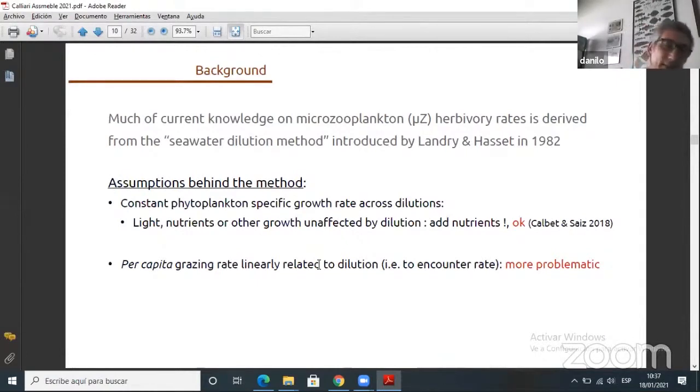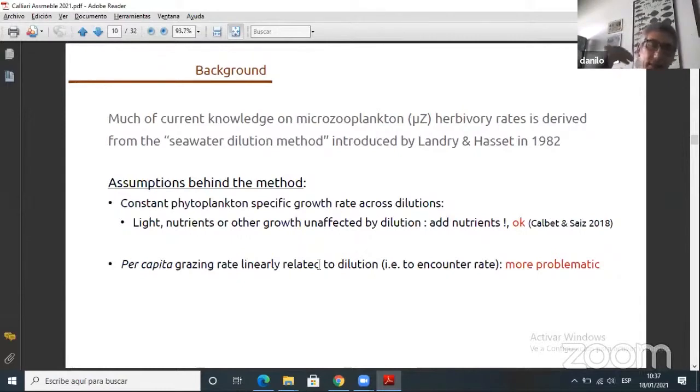So the typical solution to this, which has been discussed quite a lot in the literature, is to add some small amount of nutrients to ensure that there is no preferential limitation in, say, more concentrated treatments.